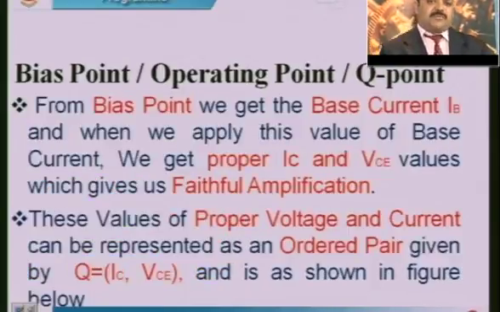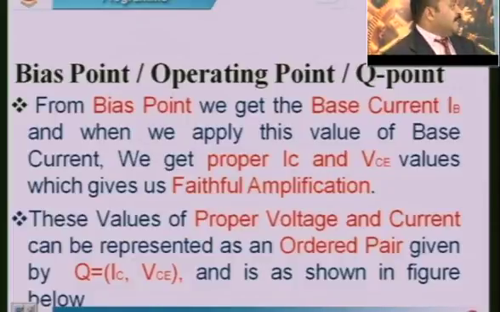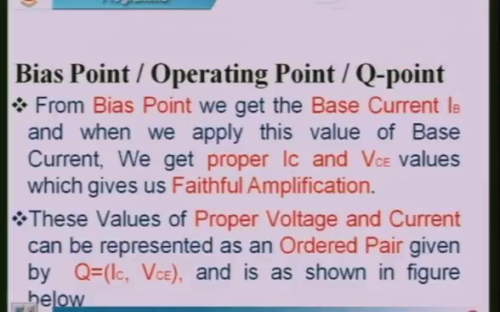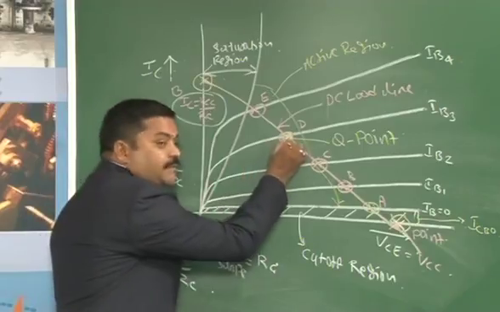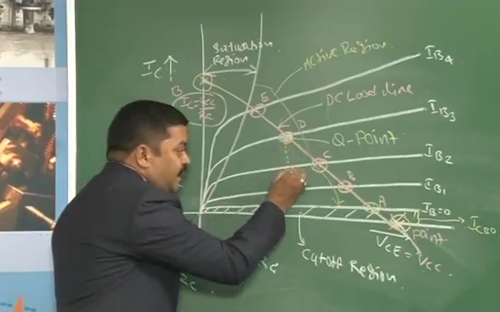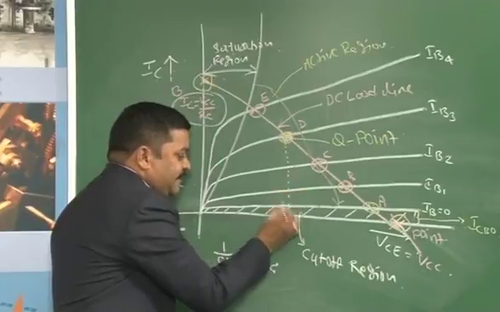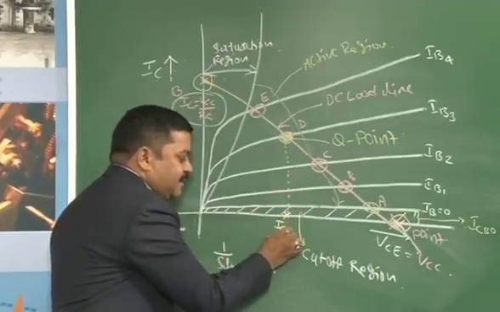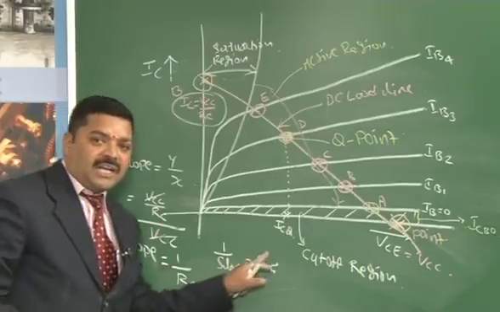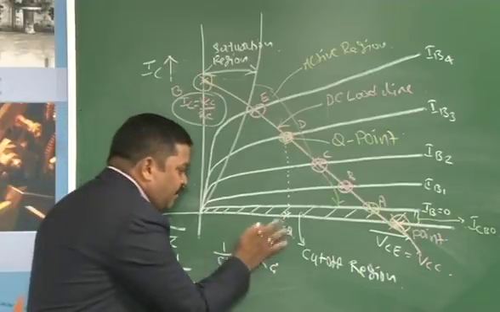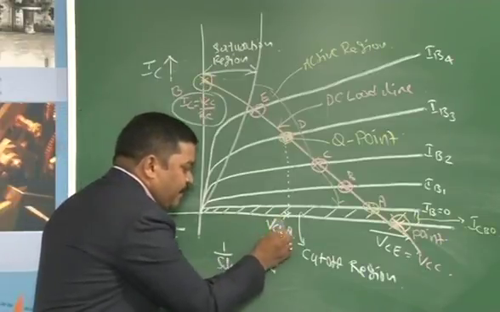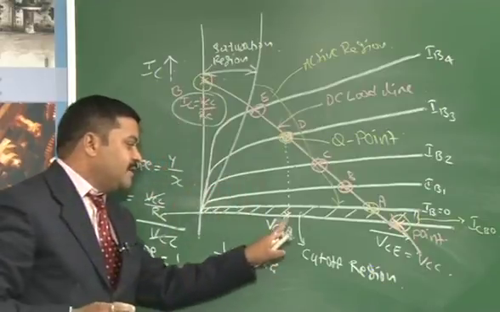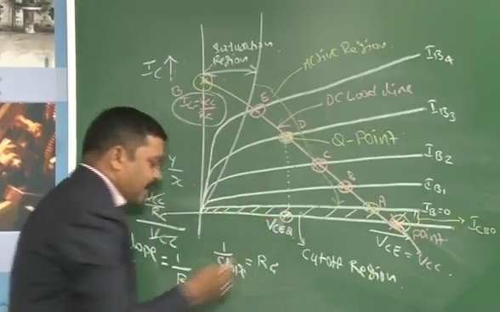So, what do we get from the bias point? When we fix this bias point or the operating point, when we extend this downwards to touch the VCE axis, we get one point called VCEQ, the voltage VCEQ. I will mark this with this circle.